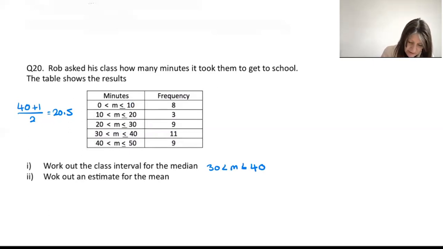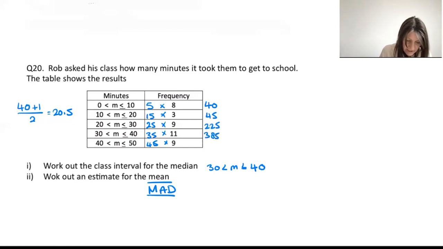mean. So I've got mean, I've got table, I've got midpoint every time. So my midpoint is 5, which I will times through, and I will do that all the way along. So 25, 35, 45, they will all get multiplied. So we've got our 40, our 45, 25 times 9 is 225, 35 times 11 is 385, and then you've got 405.